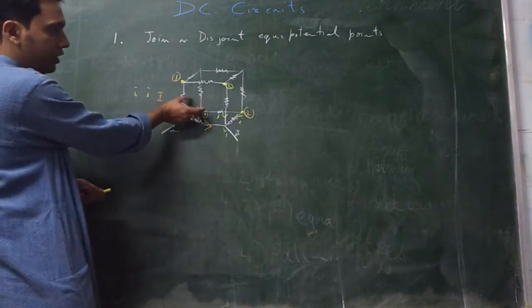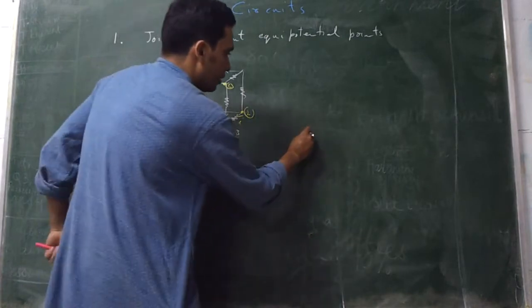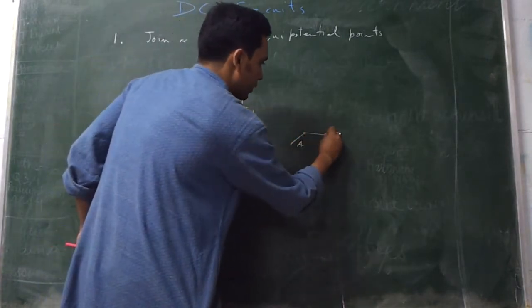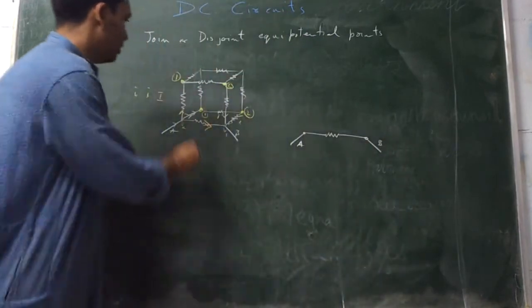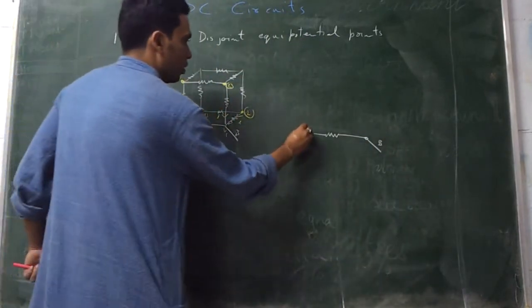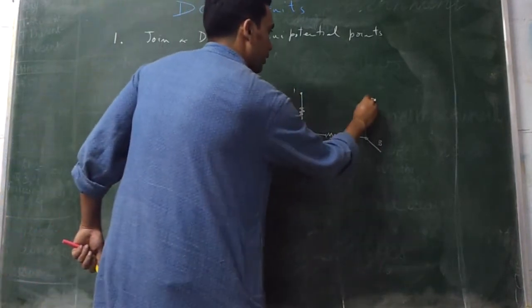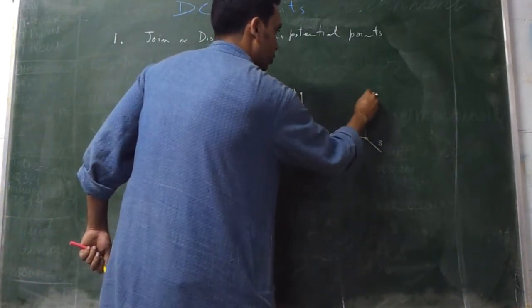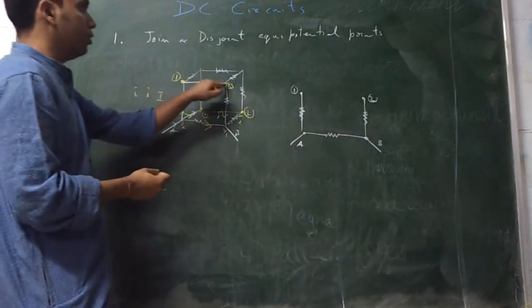Like if I join these two, the circuit will look like this. This was your A, there is a resistance, and then there is your B. There is a wire like this, having a resistance, you come to point 1, there is a wire like that, having a resistance, you come to point 2, and 1 and 2 are joined.